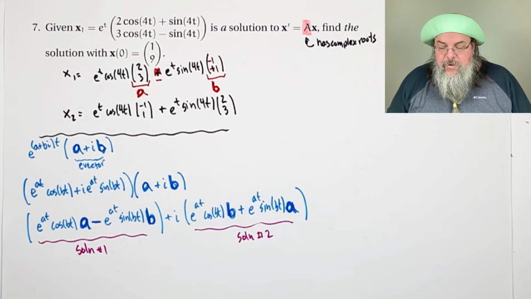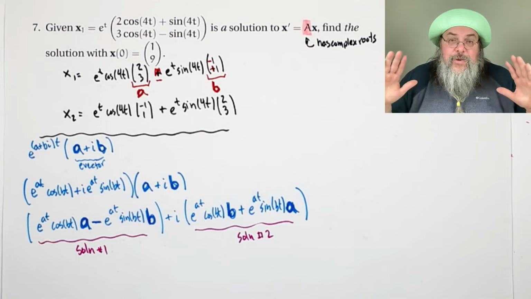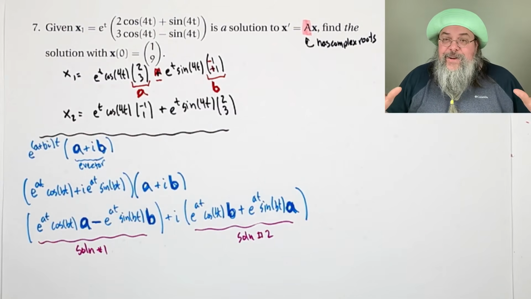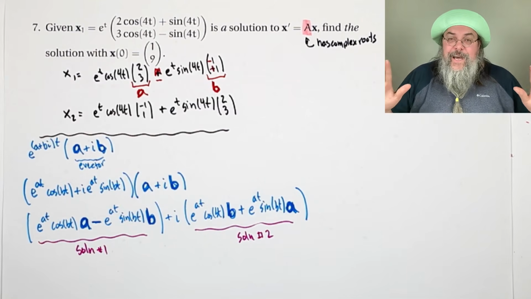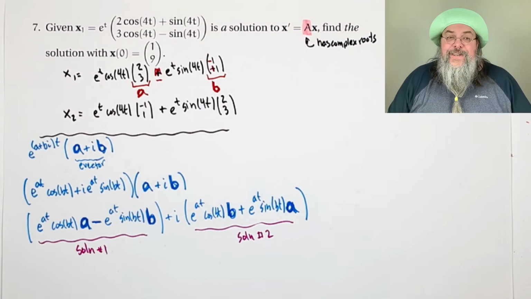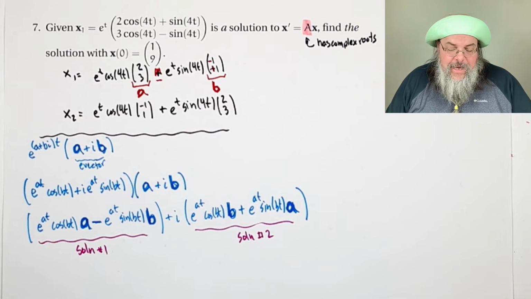Okay, so with that out of the way, that's the hard part. Now we get to the fun part. We have two solutions. So what do we have?